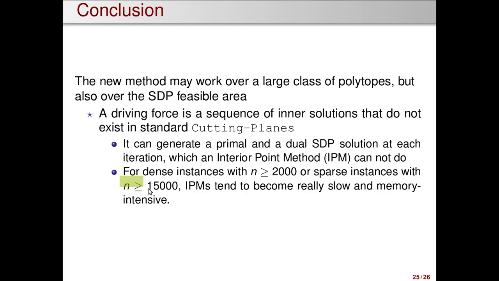According to my tests, if n is bigger than that, they tend to become really slow and very, very memory intensive. So even if the instance is sparse, if it is so big, I noticed that Mosaic, for instance, may need more than around 100 gigabytes or even more to solve the problem. So if there is not enough space, the new method can also be better.